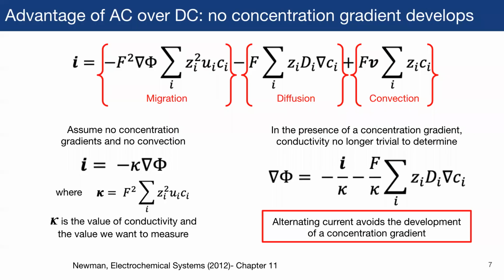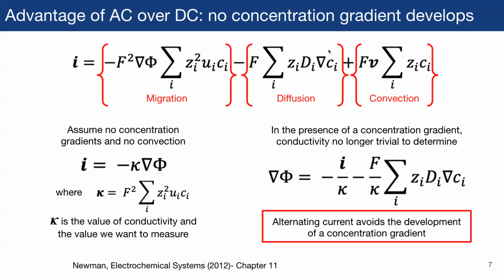So I want to take a quick look at some of the theory behind these electrochemical measurements. We can go to just the definition of a current in the context of migration of species, diffusion of species, and convection of species. Our migration term is being driven by a potential difference, given by this delta phi.